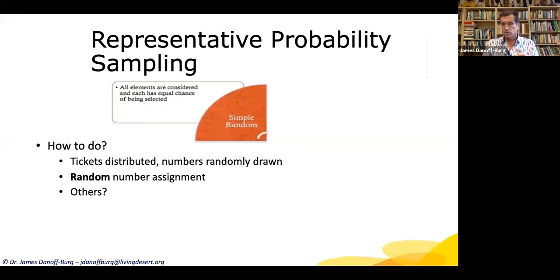Numbers are randomly drawn. Those people are entered into the survey, and we randomly choose from the tickets the people that we want to interview. Right? The people whose tickets are pulled, maybe they get some small incentive, and then they're interviewed.